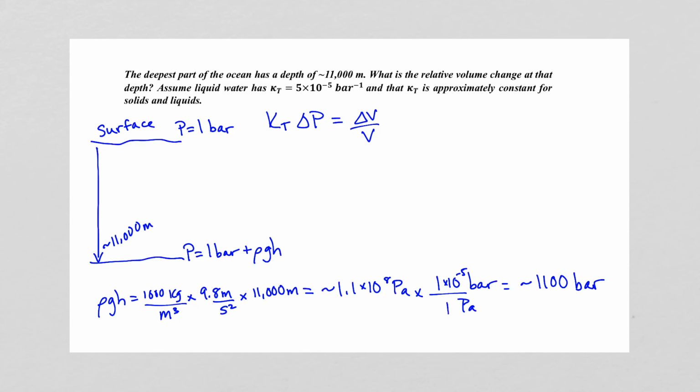Density is 1,000 kilograms per meter cubed, g is 9.8 meters per second squared, and our height here is 11,000 meters. When you use those units, you get a unit of pressure of pascals. We are working with bar, so we're going to do one more conversion there and end up with about 1,100 bar as our pressure down here.